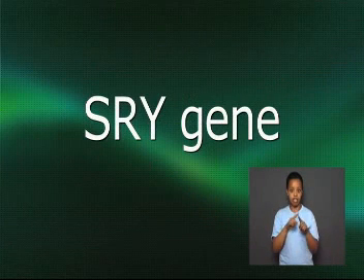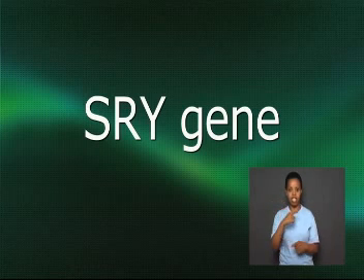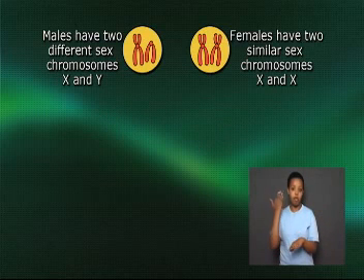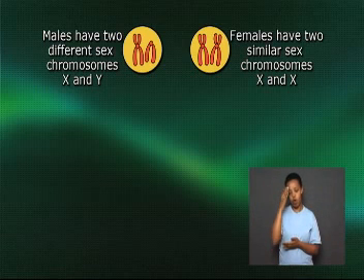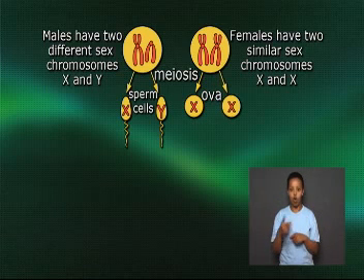Although it is the Y chromosome that determines an organism's sex, only one gene on the chromosome, called the SRY gene, determines the formation of testes. In the earliest stages of embryonic development, a region called the urogenital ridge develops into something called a bipotential gonad. This structure has the potential to develop into either ovaries or testes.